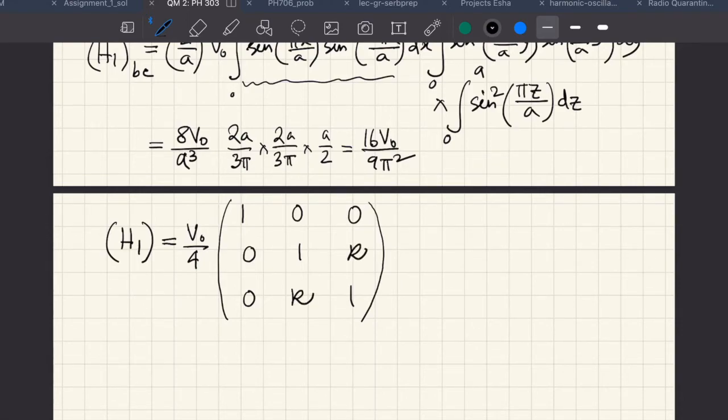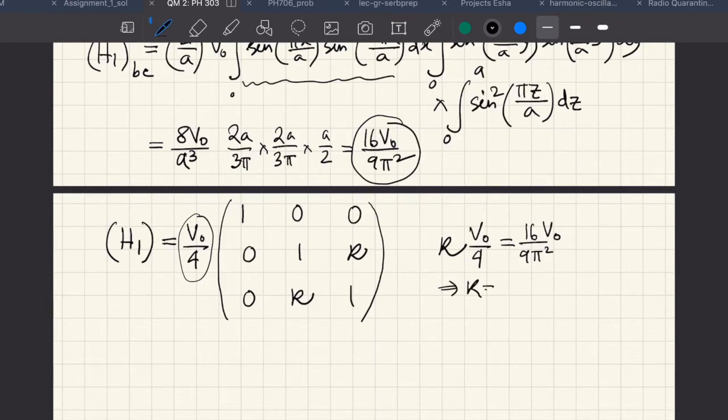Kappa is not 16 V naught by 9 pi square, because we have V naught by 4 outside. So kappa times V naught by 4 is 16 by 9 pi square into V naught. That gives you kappa to be 64 by 9 pi square, so 8 by 3 pi whole square. Numerically it is a constant, roughly around 0.7205.